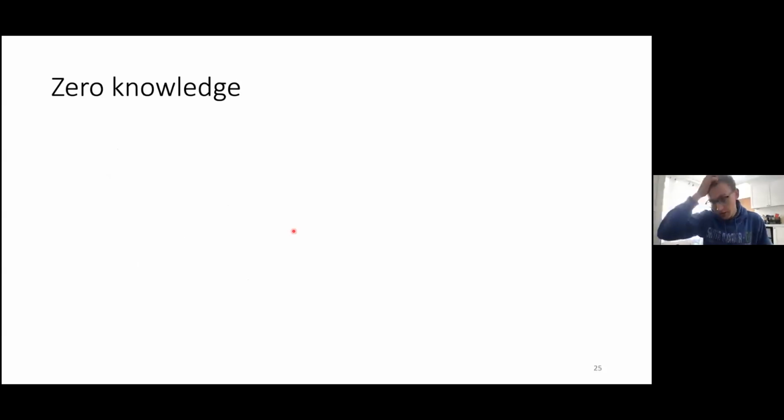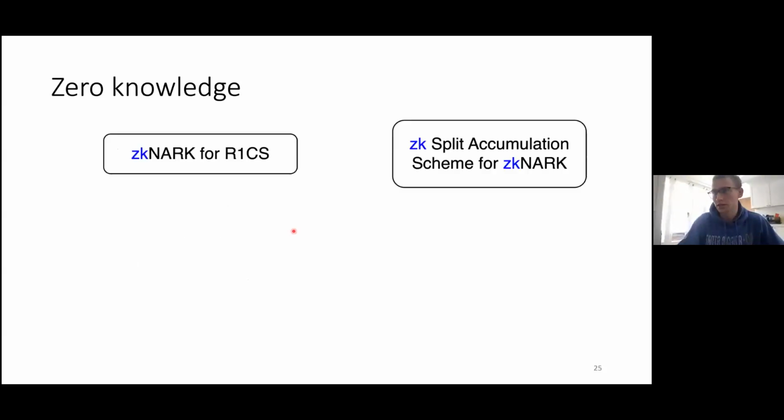So the other thing that I want to quickly talk about, and I'll try to go a little bit faster now because we're nearing the end, is zero knowledge. What we need for zero knowledge is a zkNARK for R1CS.